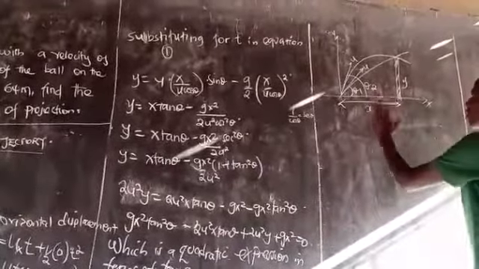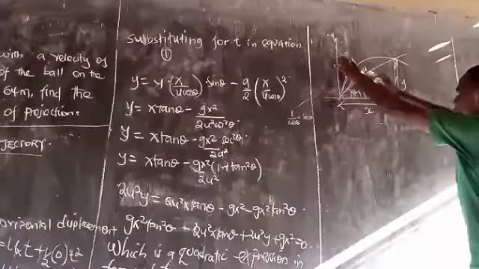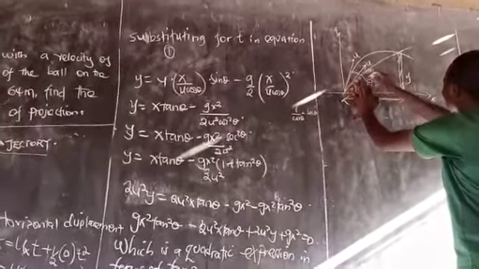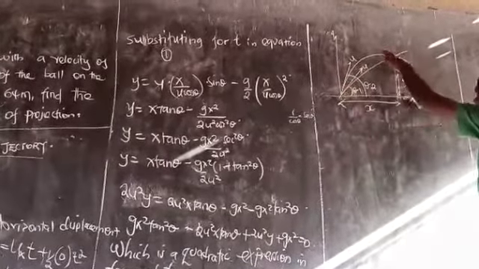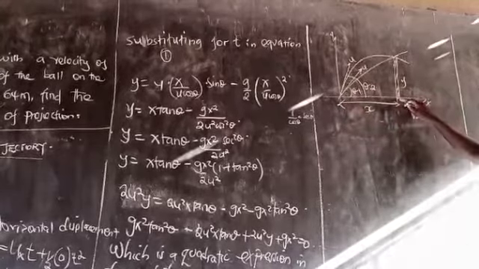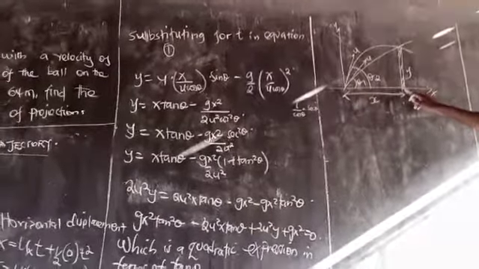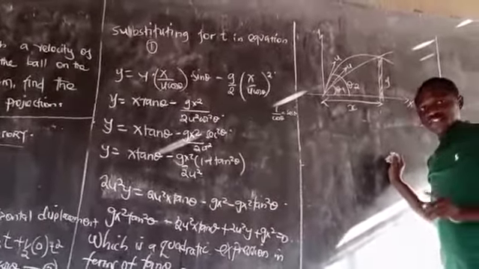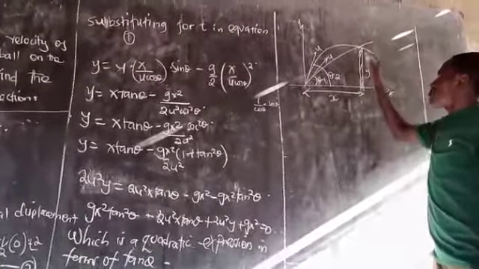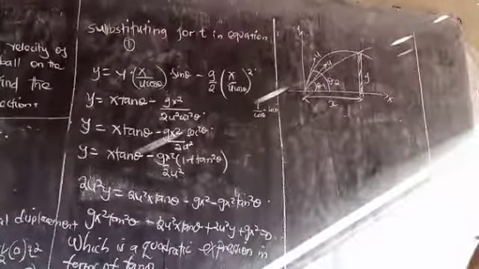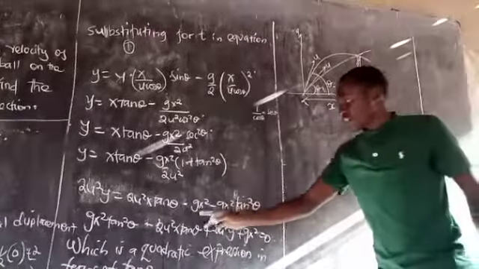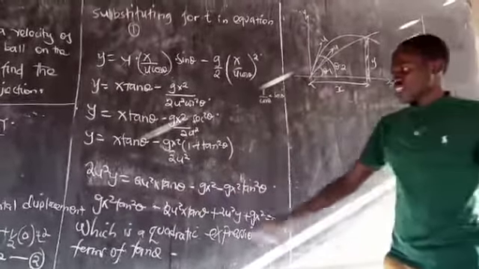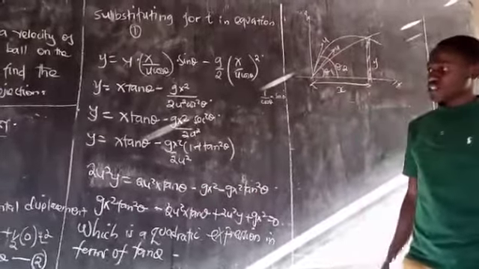It means that for a constant initial velocity u, we have 2 different angles of projection that can hit the same vertical distance and the same horizontal plane. This is practical. With the same velocity and at different angles of projection, these particles can travel the same distance. And this is proved by the equation of trajectory. So this equation gives values of tan theta and therefore 2 possible angles of projection.